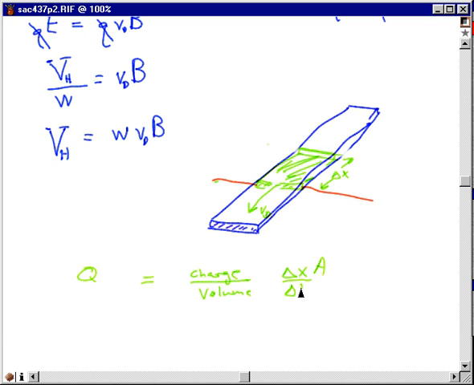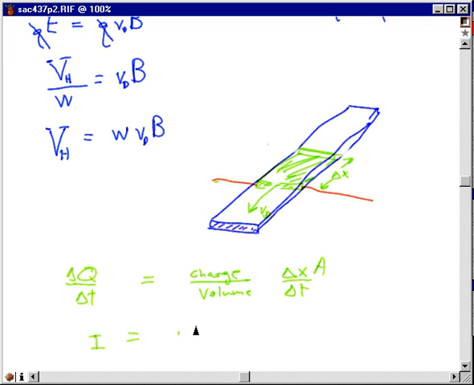I'll divide both sides by the delta t, and maybe I'll call that delta q, but on this side I've got I. That's the current, and then the charge per volume is what we've calculated and referred to as n. Not quite.